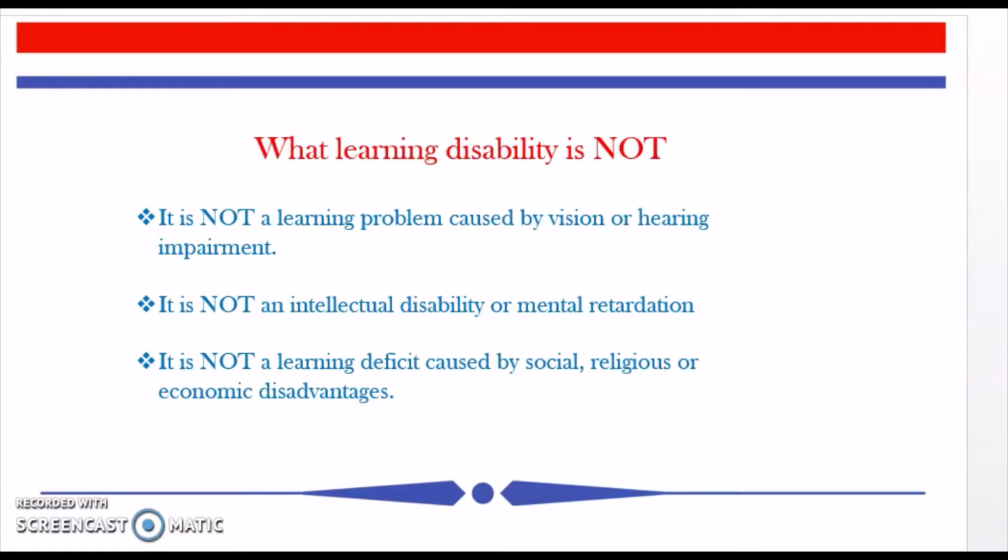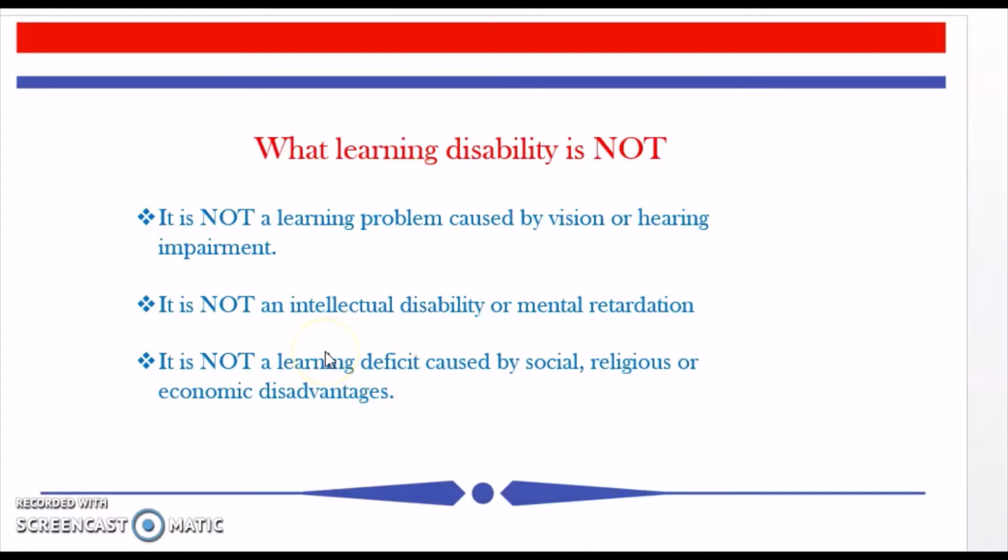Then some families do not have money to send their kids to school, so because of that they are behind their peers. So once you rule out these factors, you know that this child started school on time, he is learning what others are learning, he's not disadvantaged in any way, then you know it could be a learning disability.